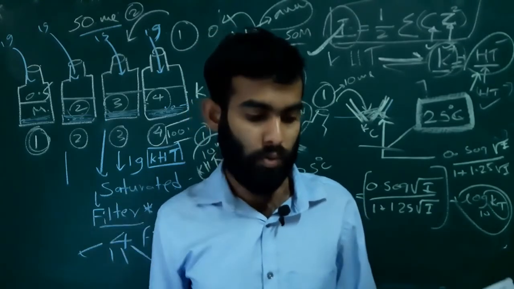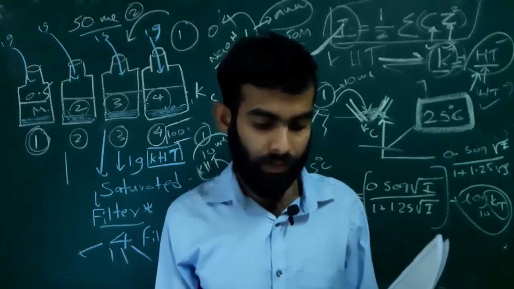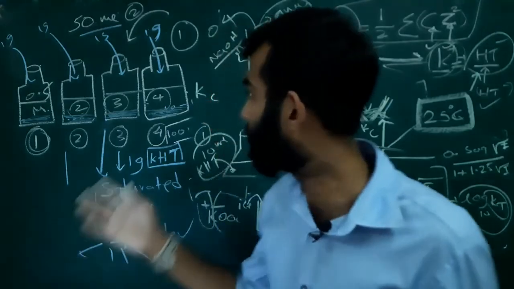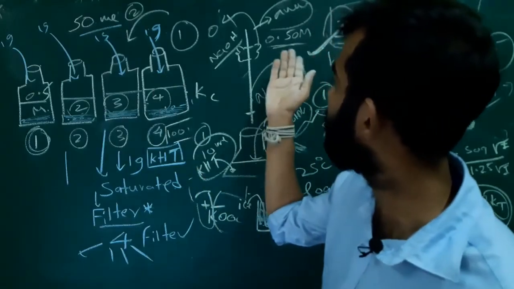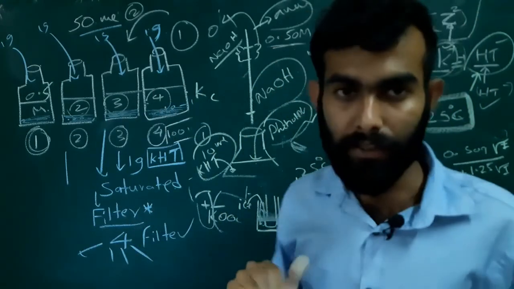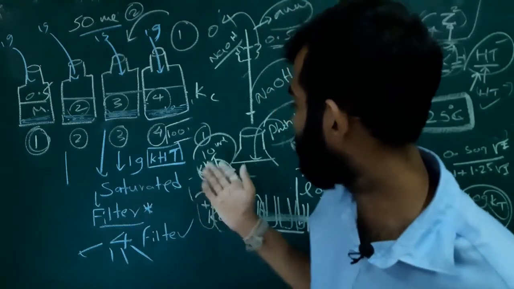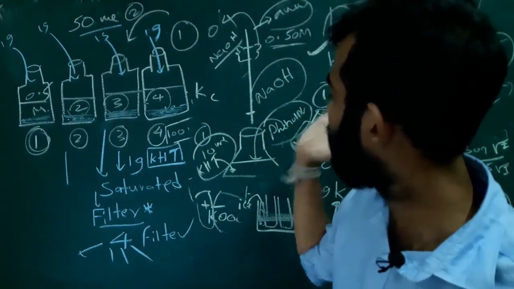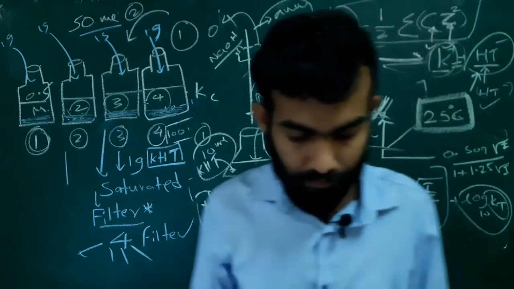We can assure that. Okay. We use 4 different ionic strength solutions. To achieve that ionic strength, we use sodium sulfate solutions. We used sodium sulfate solutions of 4 different concentrations.